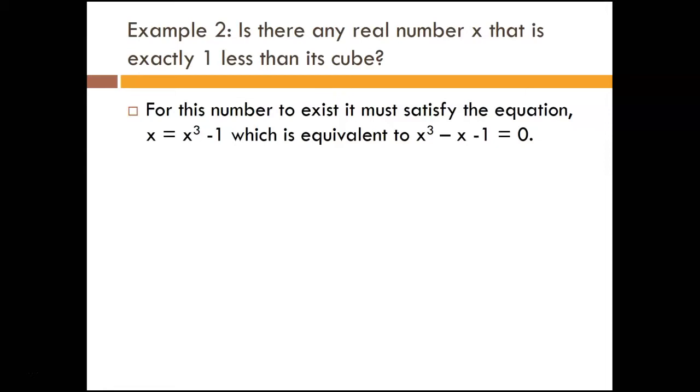Well, we know that we can rearrange terms around an equal sign. So that's equivalent to x cubed minus x minus 1. So what we could do is start picking values of x. The obvious starter choice is always 0.